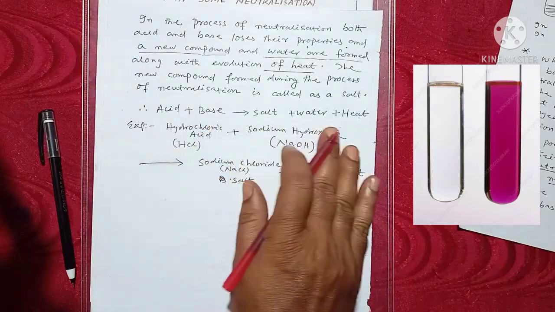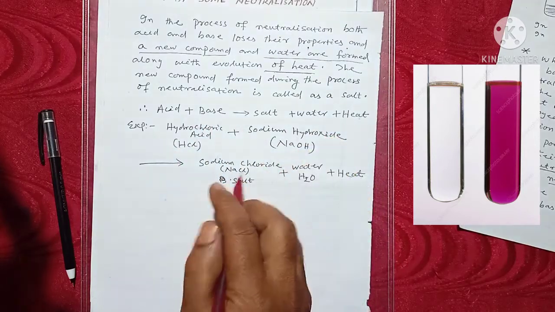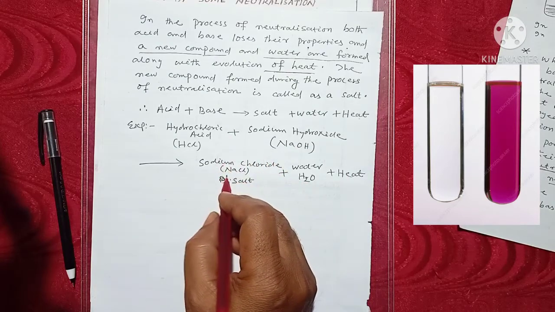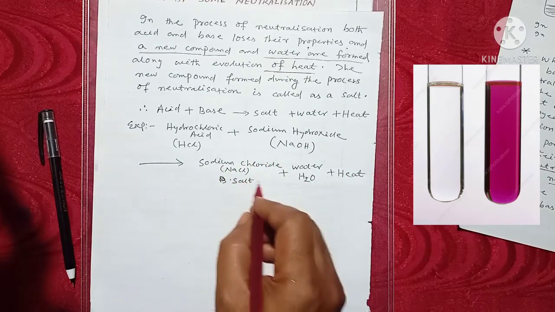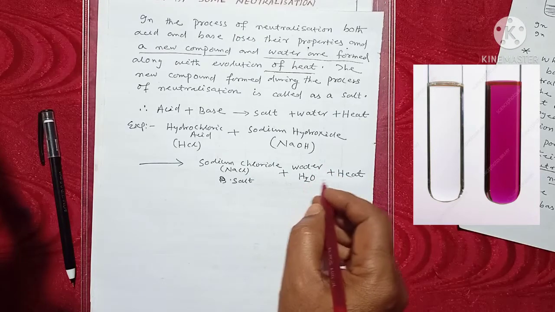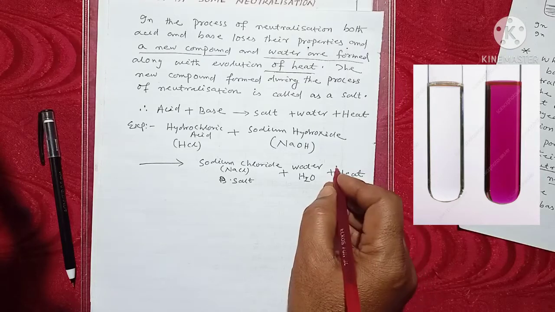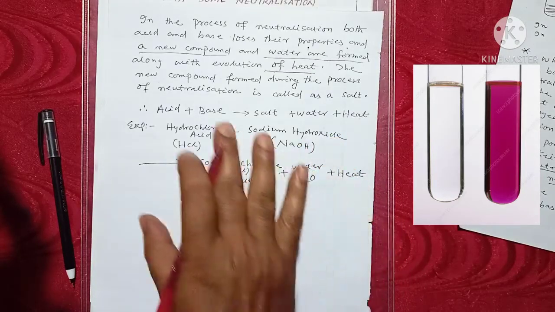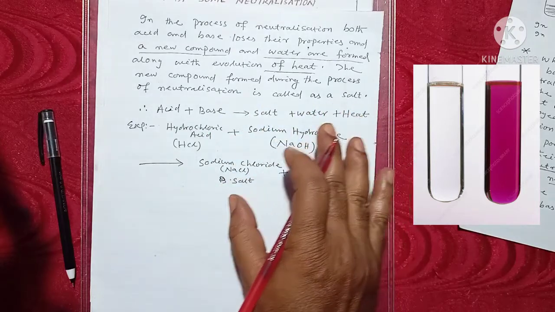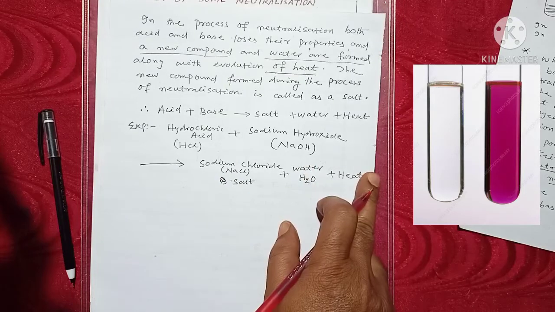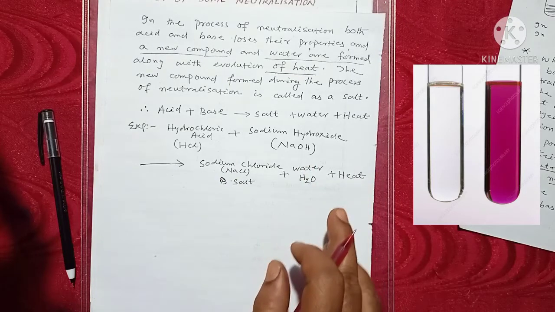When both react, we get sodium chloride, whose chemical formula NaCl is salt, plus water, whose formula is H2O, and heat. So, this is the neutralization reaction where salt, water and heat are produced.